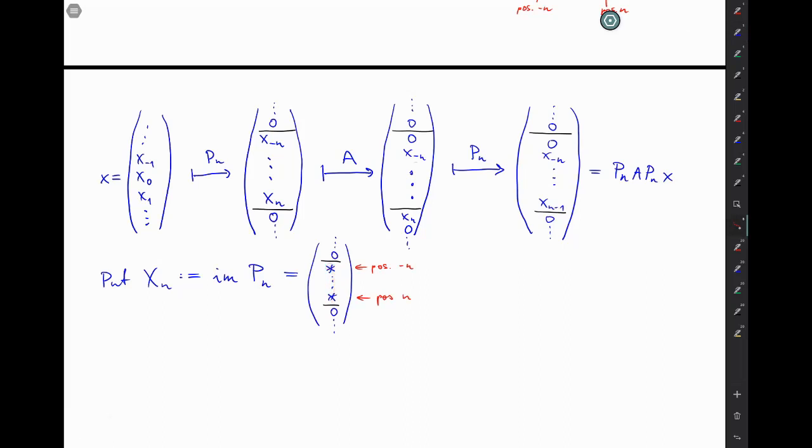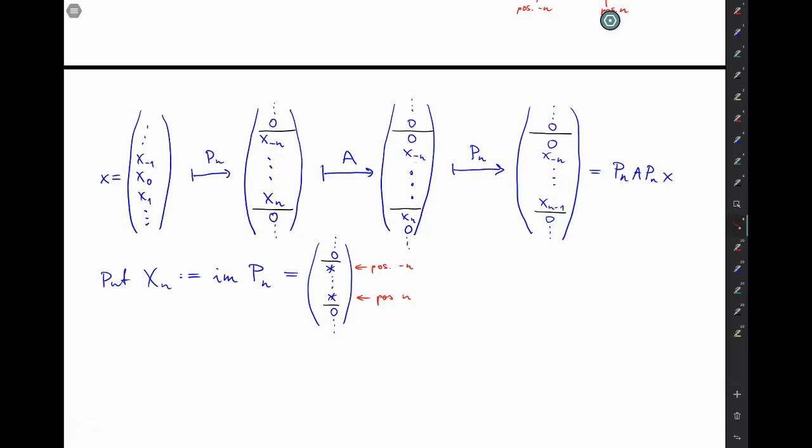It's just standing for any free variable in these places, and all these stars are independent from each other. Okay, so what you do is you essentially focus on the vector that is between the two black lines, which is a finite vector of length 2n+1, I would say, and see what happens to that vector at the end. So it starts here and it ends here.